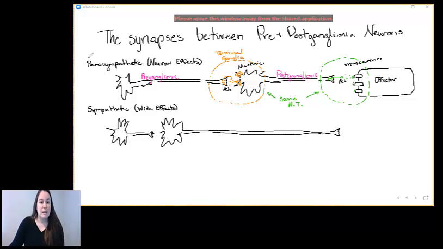What that means is that we are again going to have a ganglia, and the ganglia that we have here between the synapse of the pre and postganglionic neurons is largely going to be the sympathetic chain ganglia.